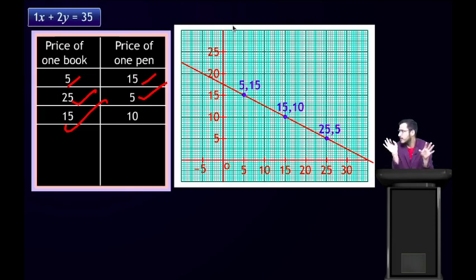You can see the graphical representation of the linear equation here. On the graph paper, the line is the graphical representation of the linear equation.